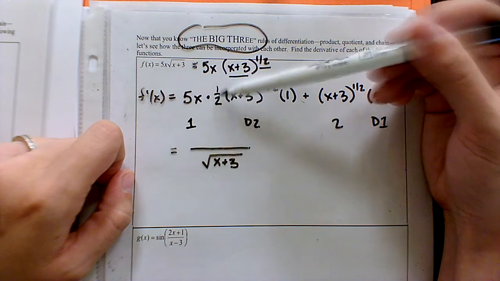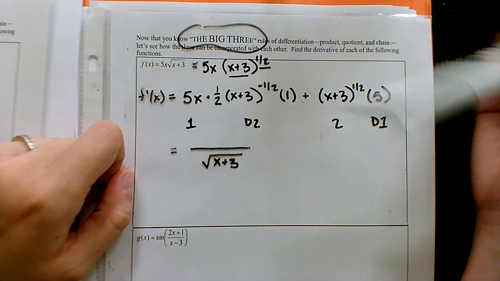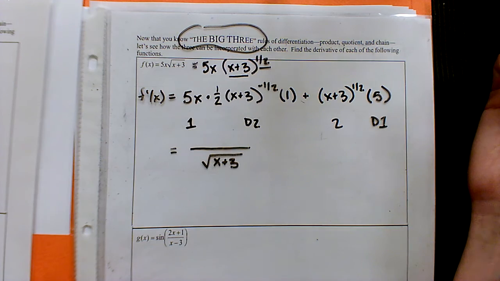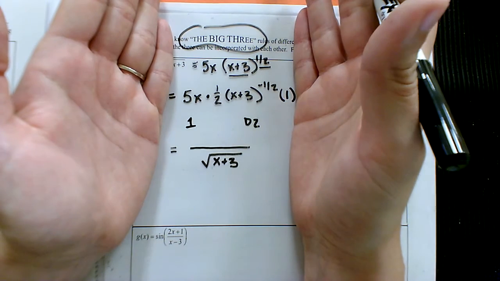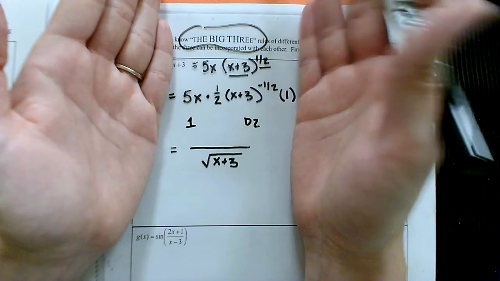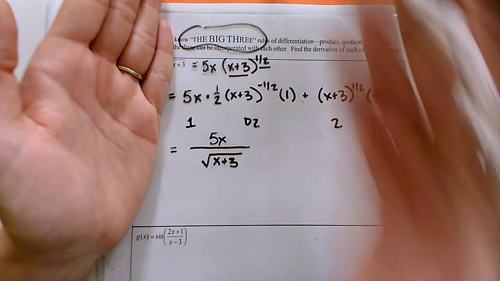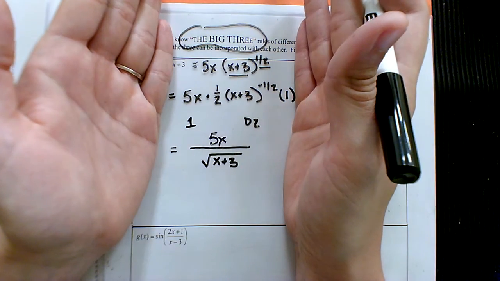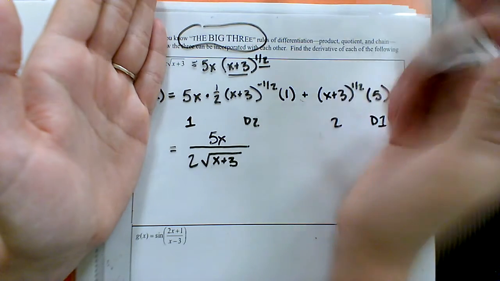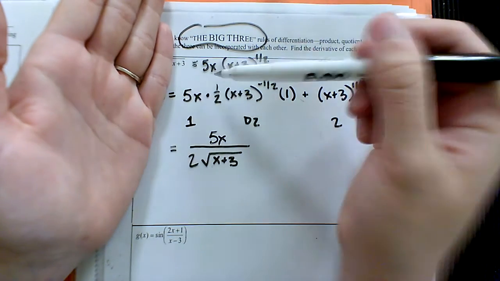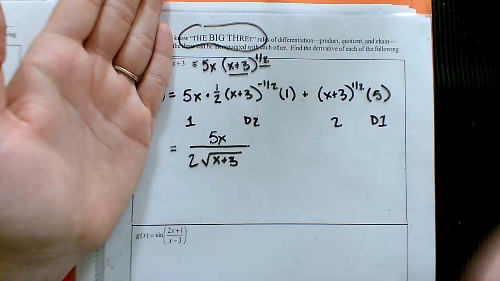Where can this 1/2 go? Where can this 1 go? In the top and the bottom, where might those pieces be located? We're just looking at the first term here. 5x can go on the top, 2 on the bottom, times 1 doesn't really change anything. So our first term can simplify to this.